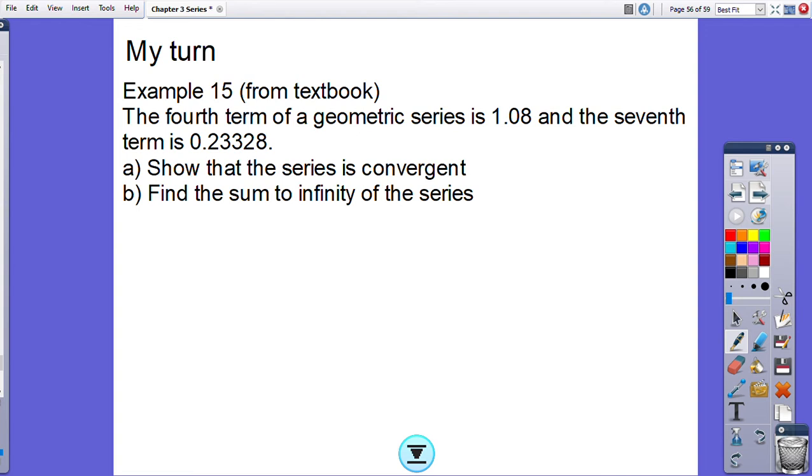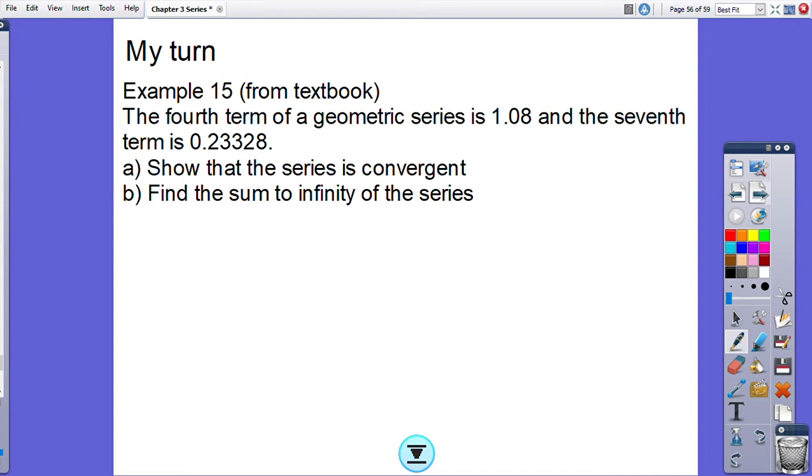Right, okay, so here we have example 15 from the textbook. Again, this is very much like the example that we had last lesson, in that the fourth term is 1.08 and the seventh term is 0.23328.